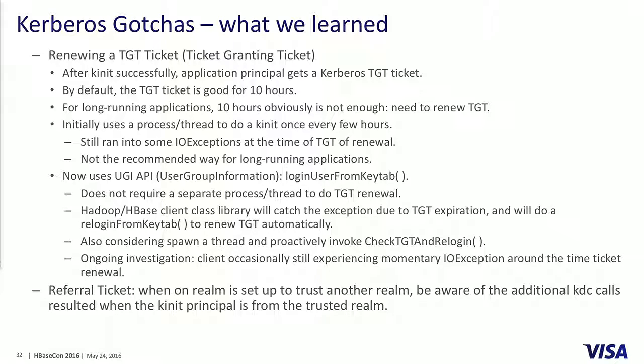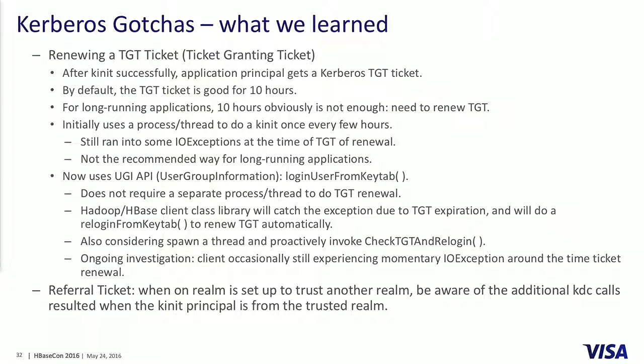Initially, we used a separate process to do the kinit to get the TGT, but that is not the recommended way because this lives in the disk cache versus your in-memory one. So there's always a cache coherence problem.